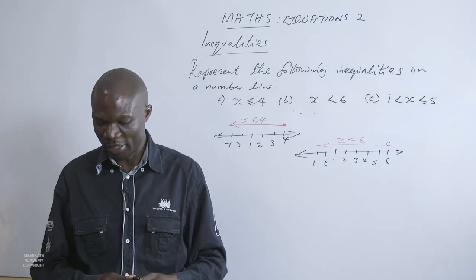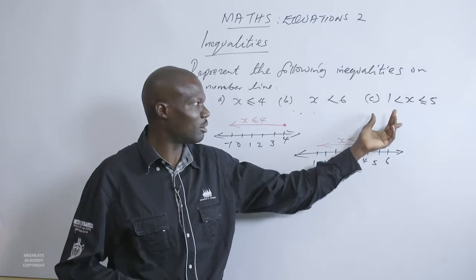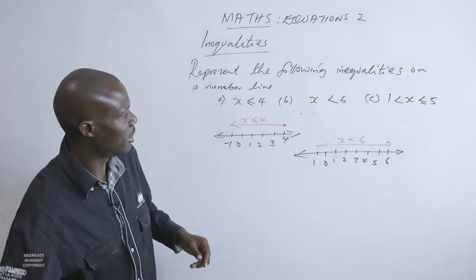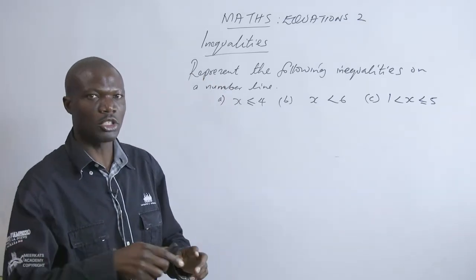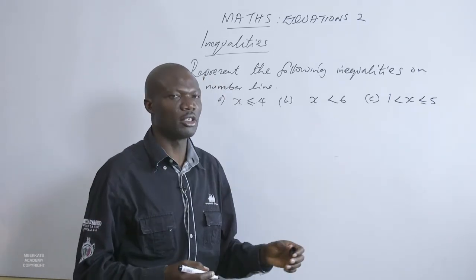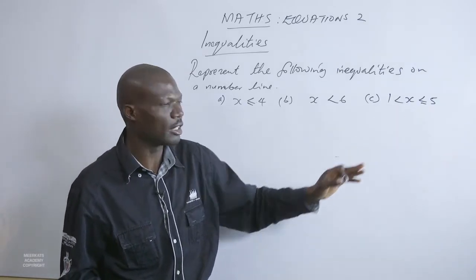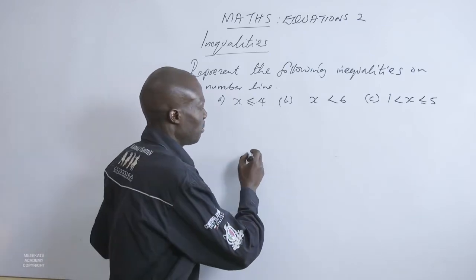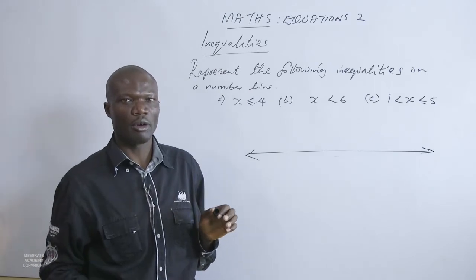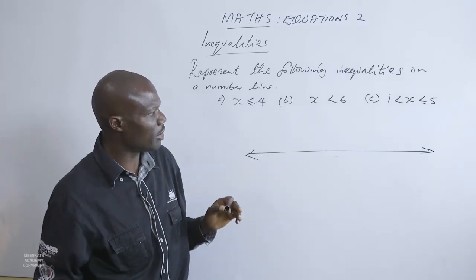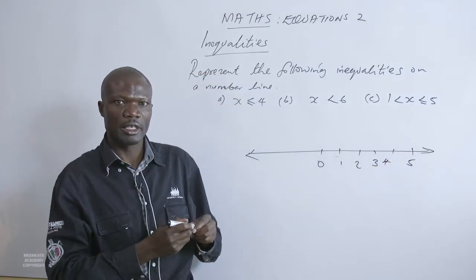Looking at the other example, where we are to show the range of values on a number line. As usual, the range we are looking for is between 1 and 5. So on your number line, we need to give the values.